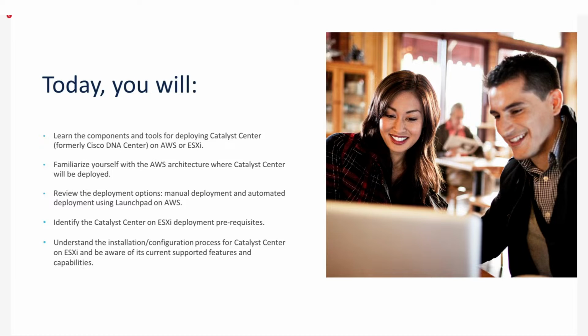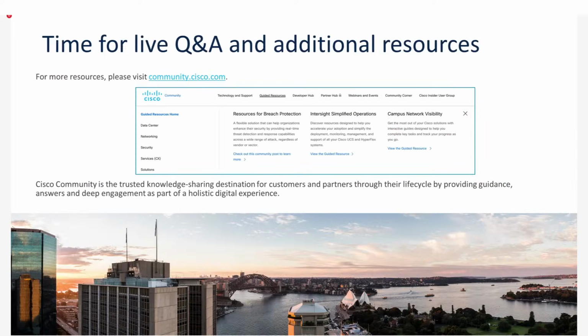So whenever you want to use these solutions, please make contact with your sales team so they can place a proper order for you. And you may be required to get a special license that will be deposited in your smart account so you can register your Catalyst Center later on. As we mentioned, we also suggest you get a support package to cover any support for these Catalyst Center virtual form factors.